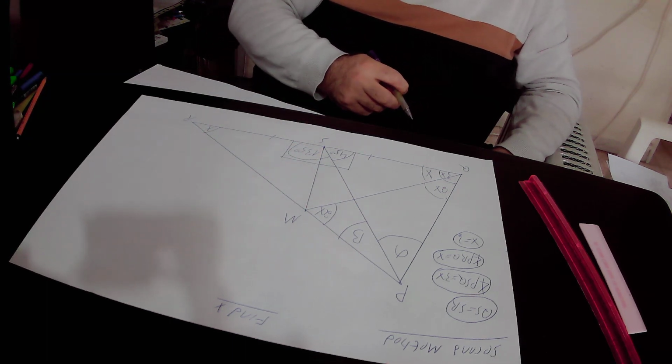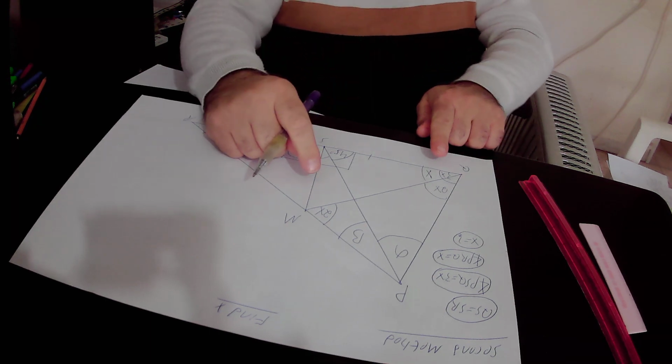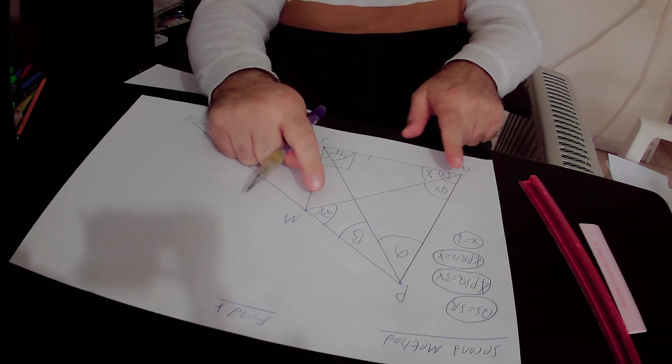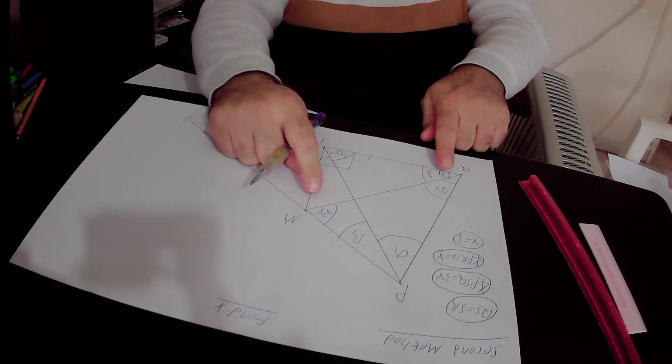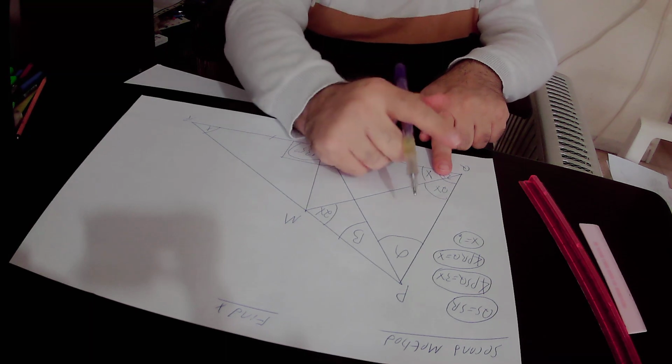According to rule number 4, here we have triangle PMQ. This triangle is an isosceles triangle, because it has two angles that are equal to each other, both equal to 2x.